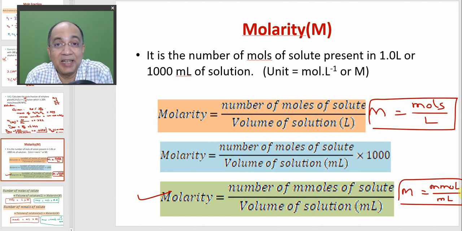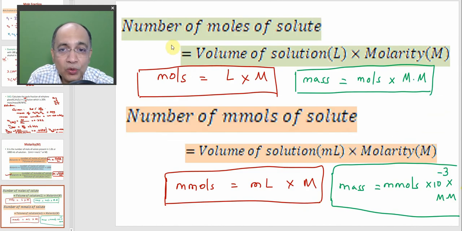You have adequate practice and confidence to deal with mole concept. So number of moles is equal to volume of the solution in liter into molarity. And once you get the number of moles, you multiply by molecular mass to get the mass. Similarly, number of millimoles is equal to volume in milliliter into molarity. The molarity is same, common.